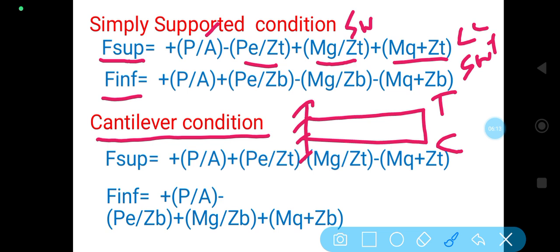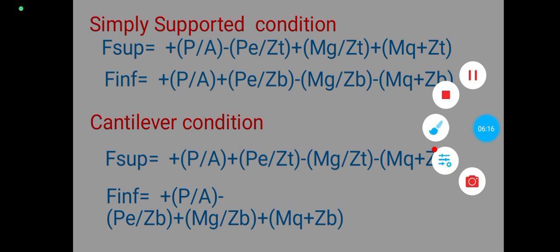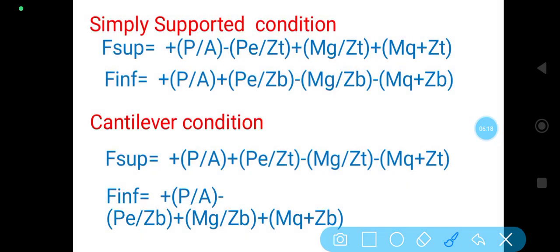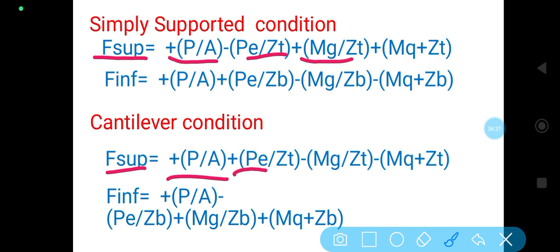You can notice in the expression of the simply supported condition, F superior, it is plus P by A. Since you are pre-stressing at the initial phase, both are compression in nature, both are positive. But as far as the bending is considered, the sign convention changes. Here it is minus, here it is positive. Also with respect to dead load, the sign changes, plus and minus. And for live load, here it is plus, here it is minus. And similarly for F inferior as well.